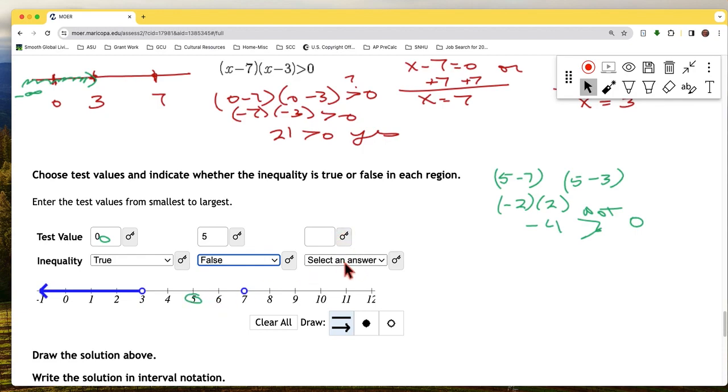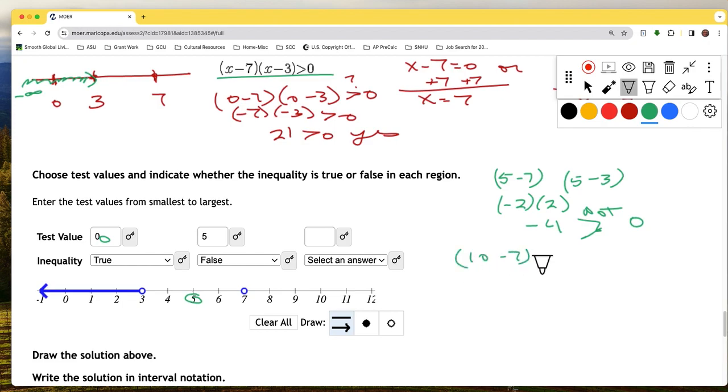And then we choose one more that's bigger than 7. You can choose any, maybe 10. I don't know, it's a nice round number. And what we do is we plug 10 into the formula up here. So we get 10 minus 7, and 10 minus 3. Now you can just see both of these are going to be positive, right? 10 minus 7 is positive 3. 10 minus 3 is positive 7. And yes, that's going to be bigger than 0.